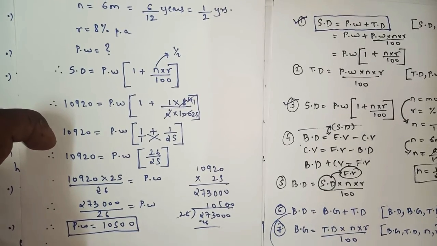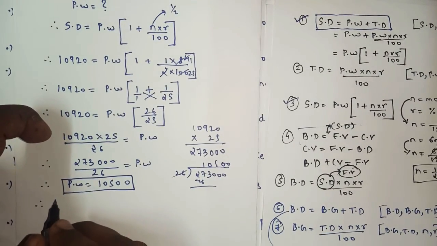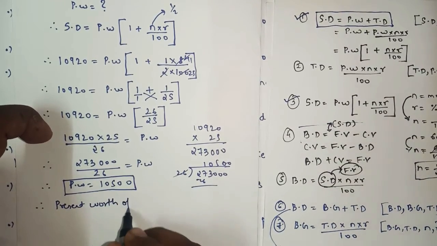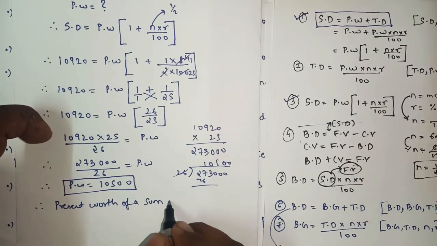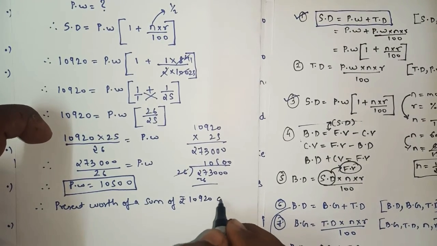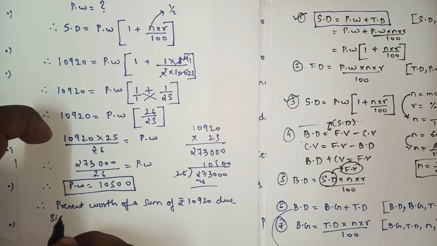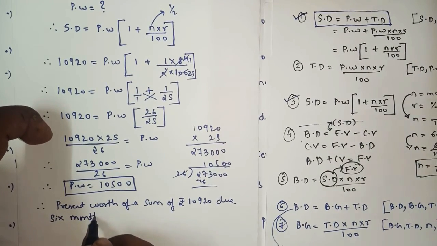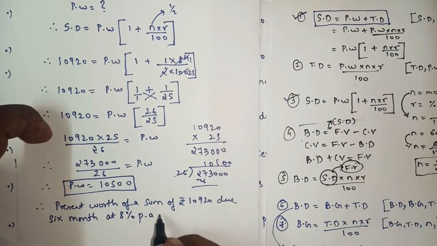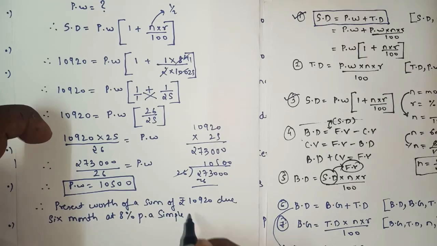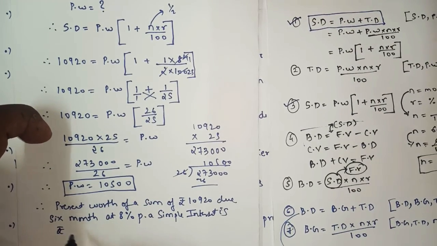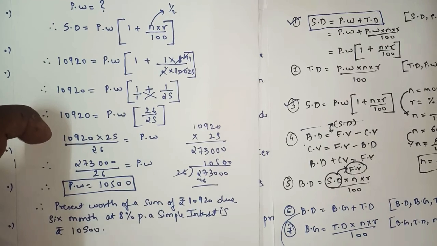So therefore here we can write what? The present worth of a sum of rupees 10920 due 6 months at 8% per annum simple interest is rupees 10500.